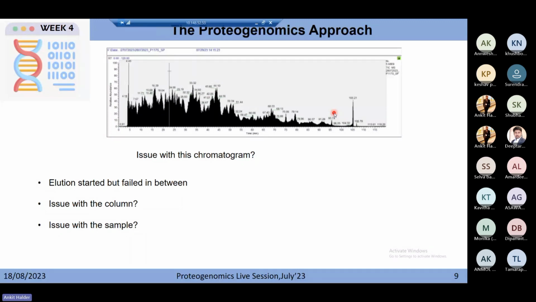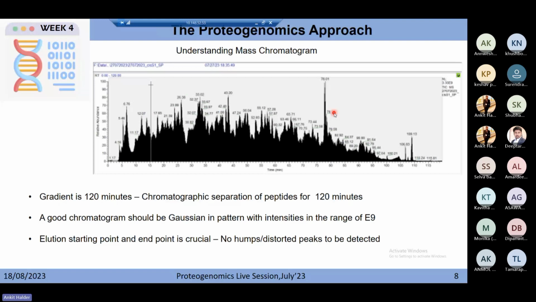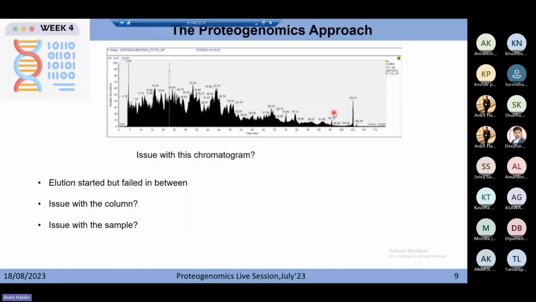For example, if you are running three control samples and three treated samples, and in between it happened like this, it can be an issue with the column or an issue with the sample. Anything can be the cause, which cannot be interpreted just by seeing the chromatogram, but surely some issue exists.